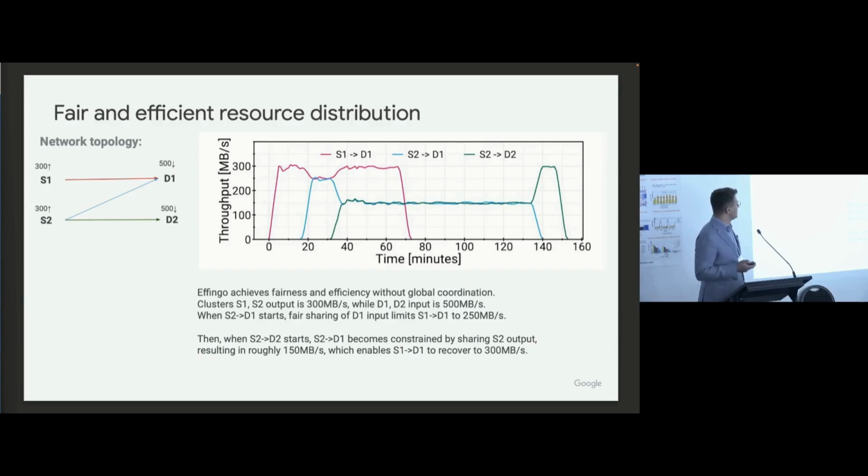And then we see the first split, like 250 megabytes. And then we start the third transfer that gives 150 to the green and blue links and the maximum that can be allocated to S1 to D1.